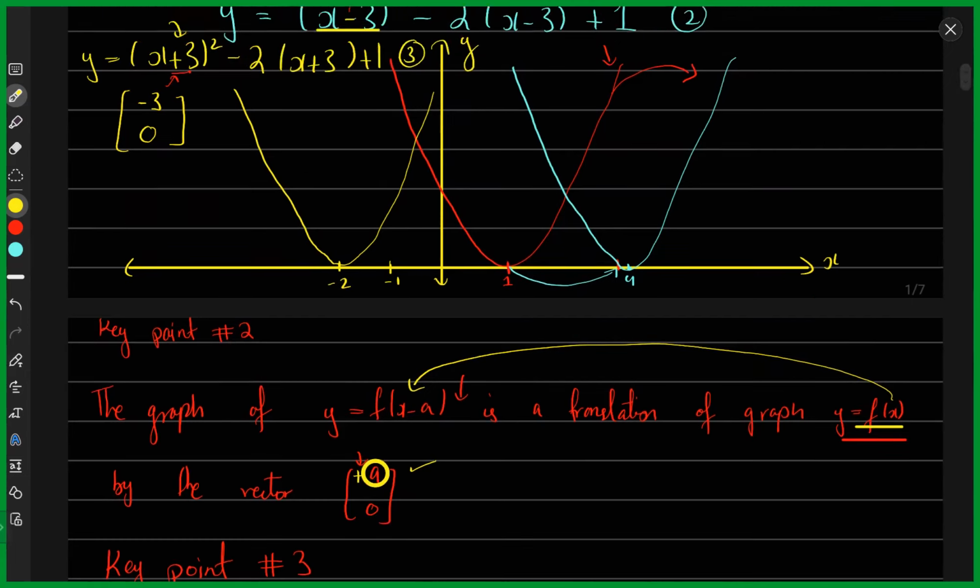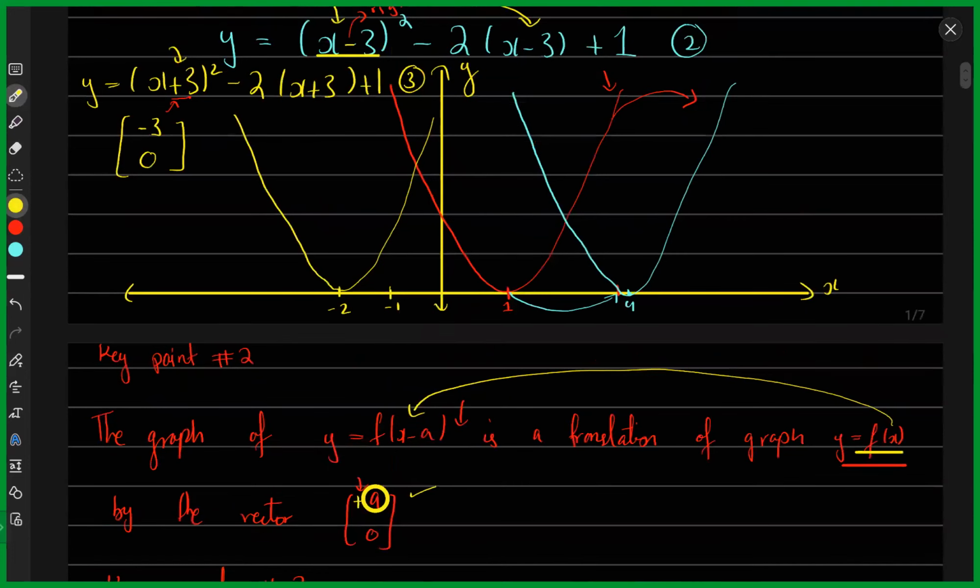For example, if the red curve was the original one, and I am moving it 3 units to the right side, this would mean that I have shifted the red curve 3 units to the right. So in the translation vector, I am going to write it down directly as positive a.